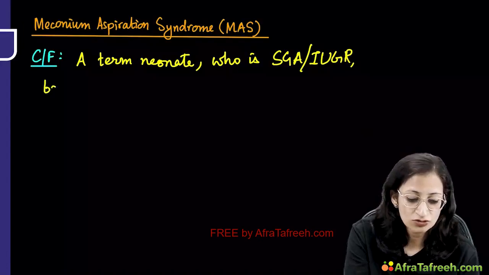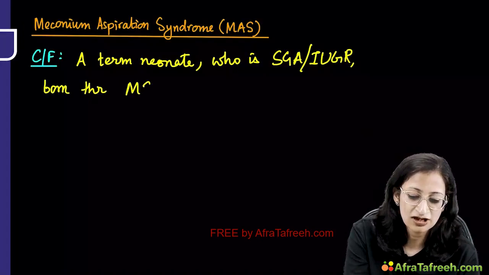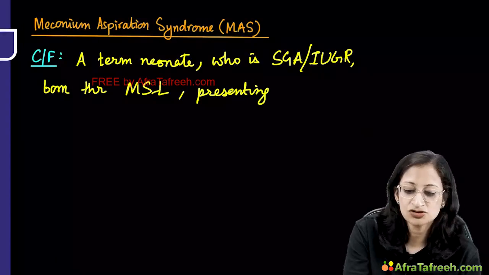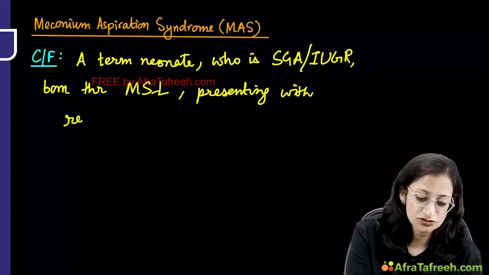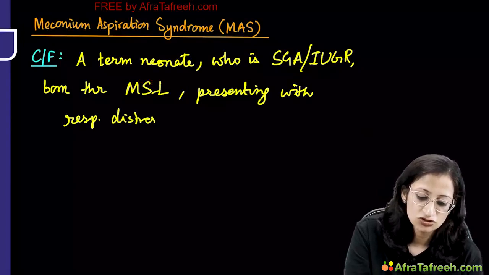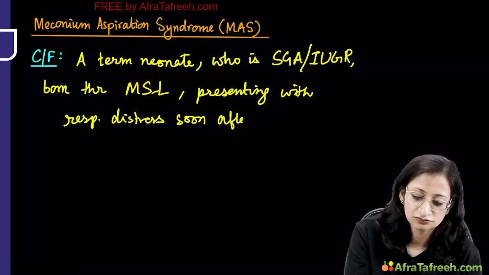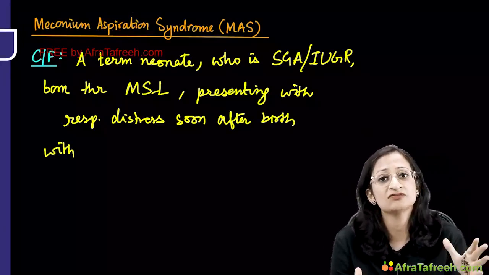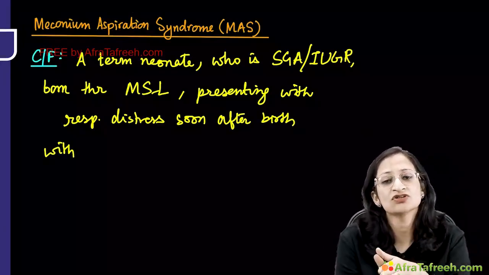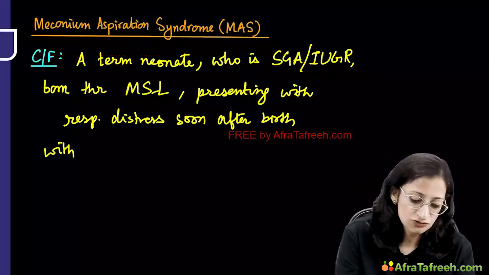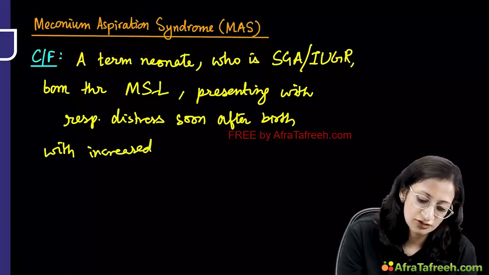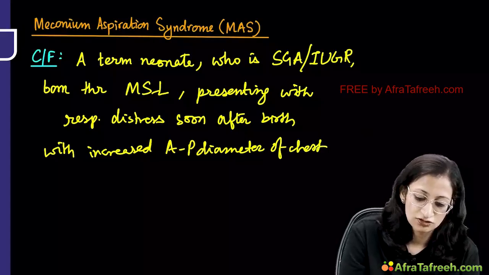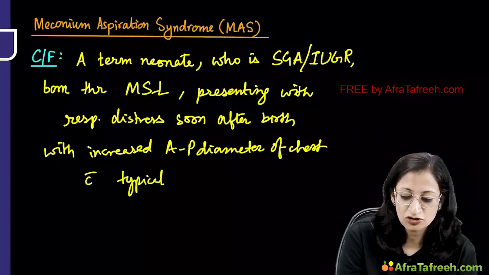Born through meconium stained liquor, so there is a history of the liquor being meconium stained, presenting with respiratory distress soon after birth, with increased anteroposterior diameter of the chest. We said that lungs are hyperinflated in meconium aspiration syndrome, so the anteroposterior diameter of the chest of the baby will appear to be increased, with typical chest X-ray findings, which may or may not be mentioned.